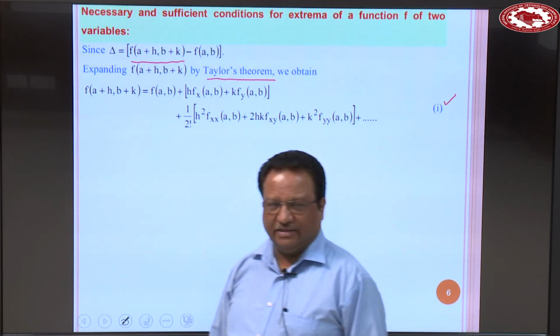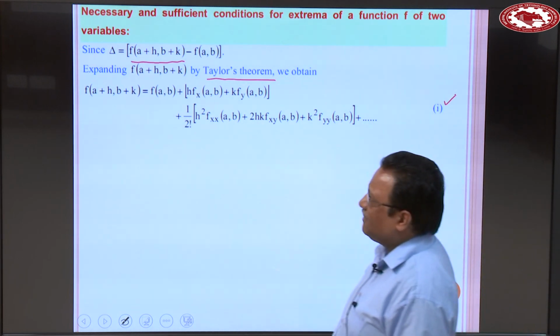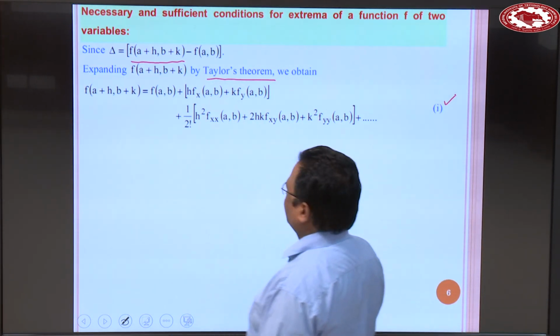So, you can see Taylor's theorem, where you can represent f(a+h, b+k) this way.